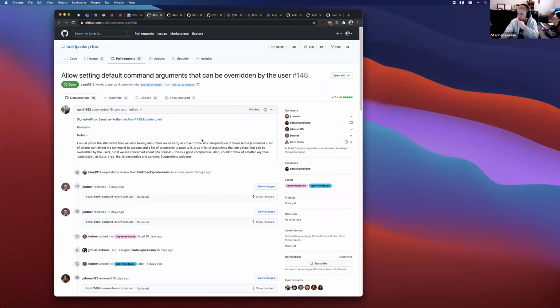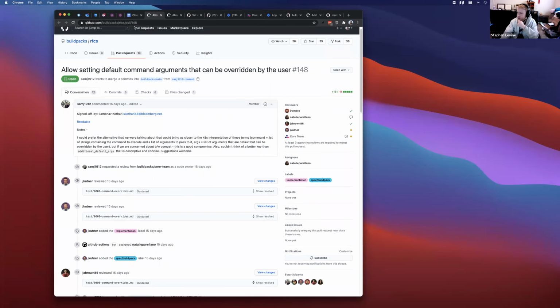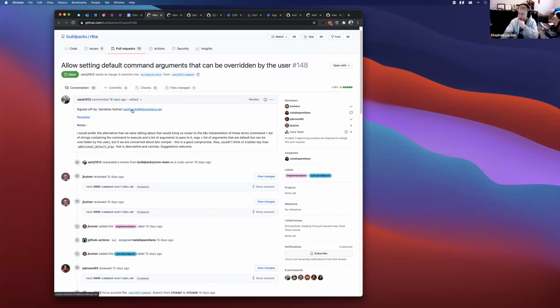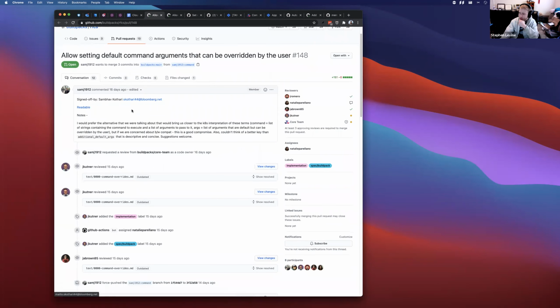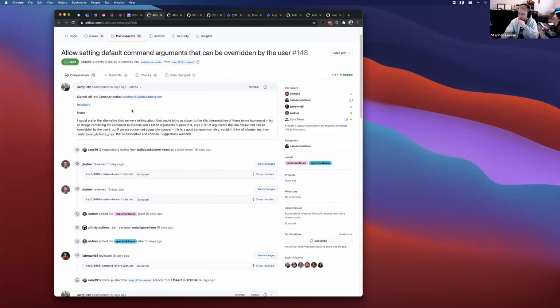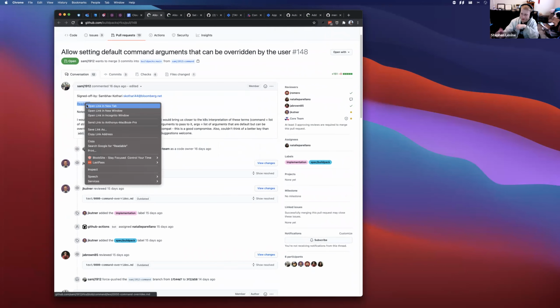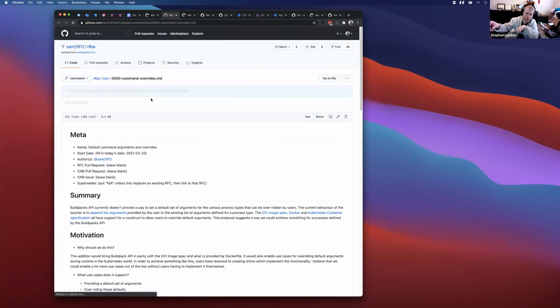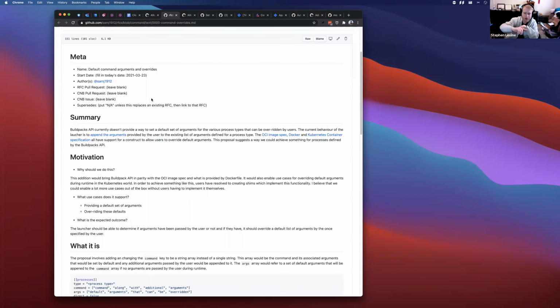So 148 is about default command arguments, and Emily and I talked about it. I think it would be good to make the specific change, right? Commands have multiple things. Args have multiple things.